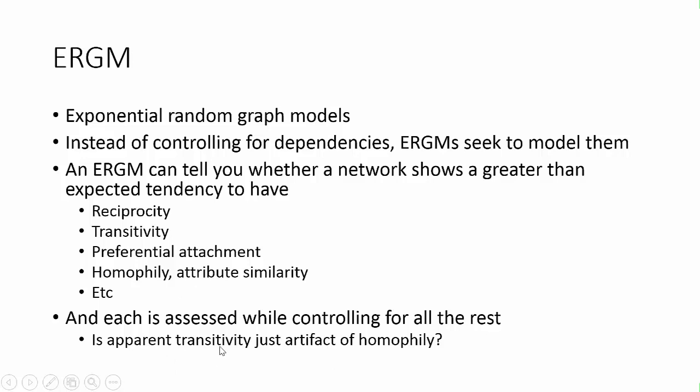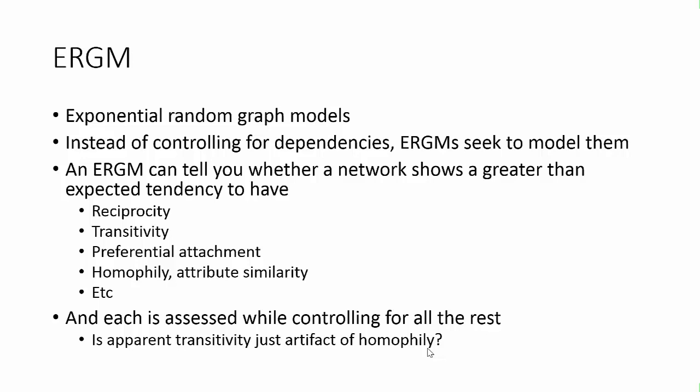So for example, suppose your network shows a lot of transitivity. It could be because of that process whereby your friend introduces you to his friend, or it could be an artifact of homophily. Homophily is where you have a tendency to have ties with people who are like yourself. So let's say there's gender homophily.